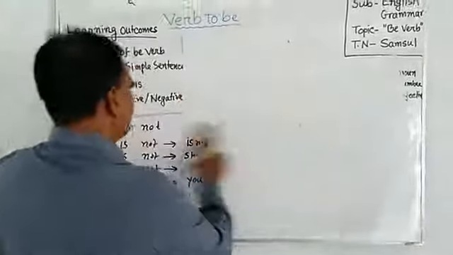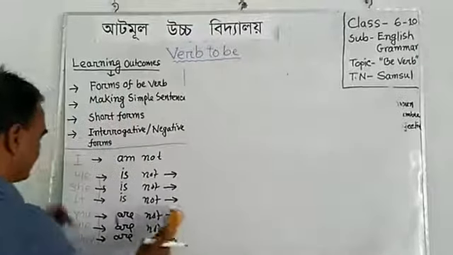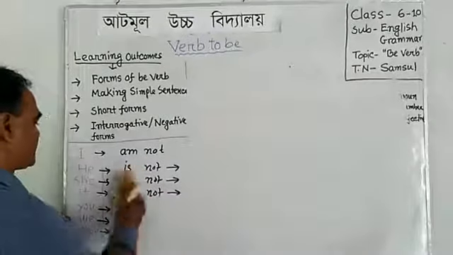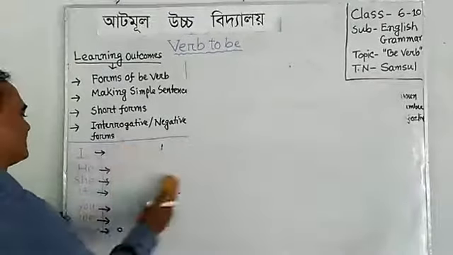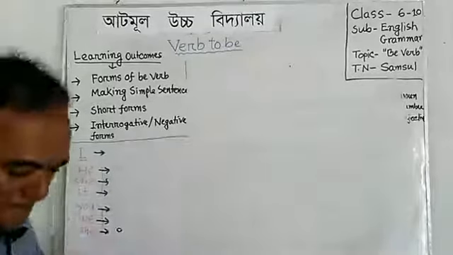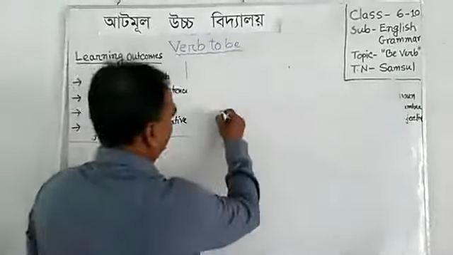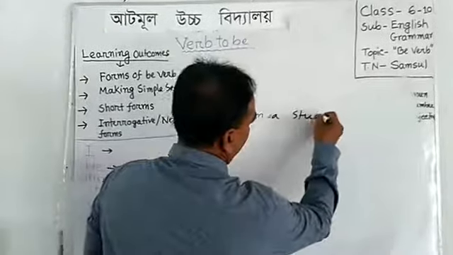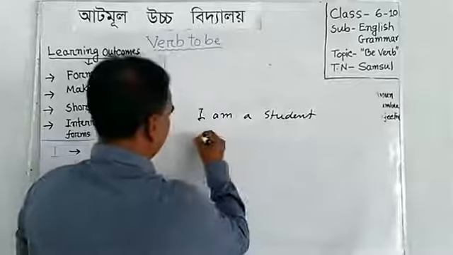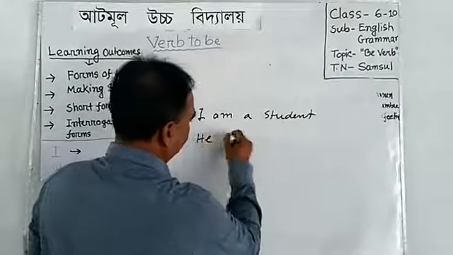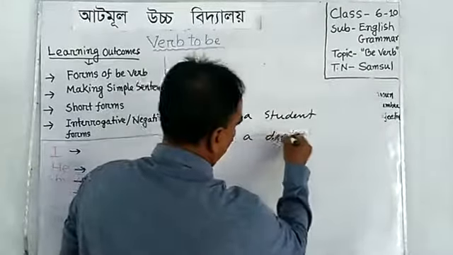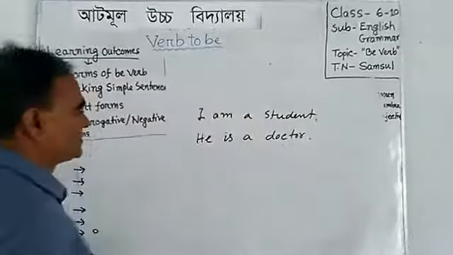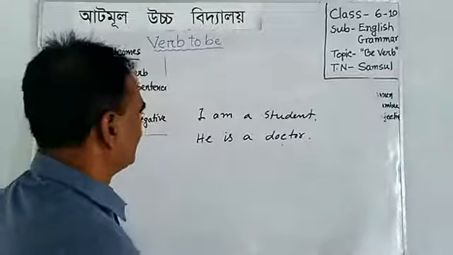Okay, dear learners, now we will learn how to make a sentence interrogative. I am a student. He is a doctor. Now we will make these two sentences into interrogative.